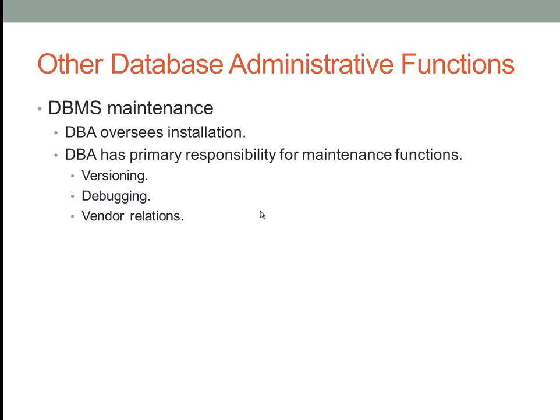Any type of debugging that has to happen, any type of testing, which we'll get into in a little bit, that has to happen. That's all maintenance, coordinating all of that. And ultimately, the DBA is most likely also responsible for all types of vendor relations if it is a purchased database product.